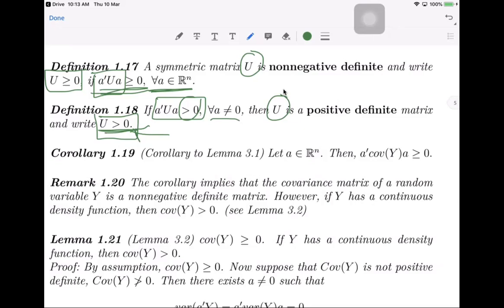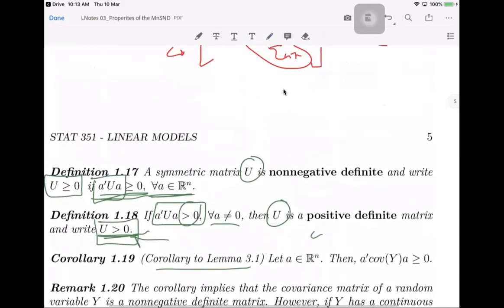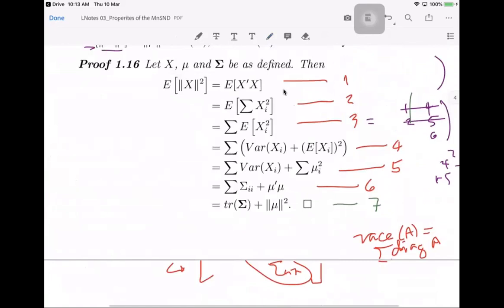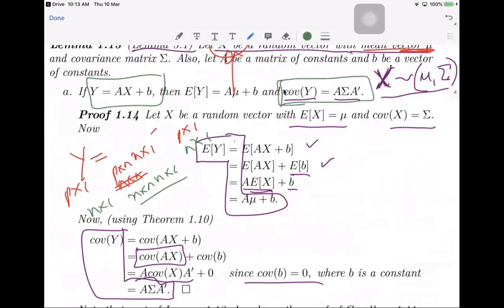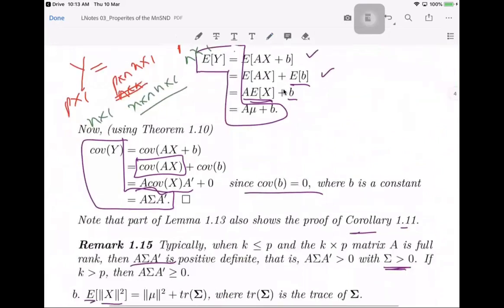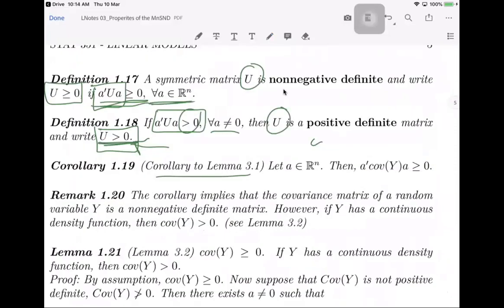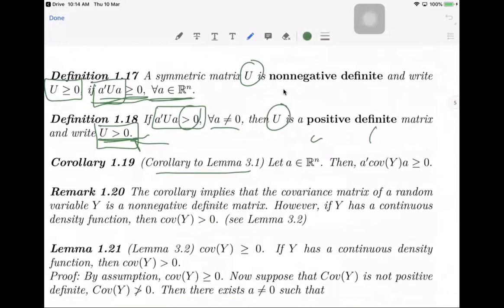As a corollary to 3.1, we know that the covariance of Y with this transformation can be written as A sigma A prime when it is a matrix. But if A is a vector, then the transformation is A prime, small a prime.